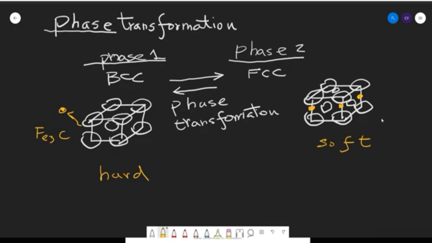We talk about it many times. Do you know the temperature? The phase transformation temperature is just 911 degrees.